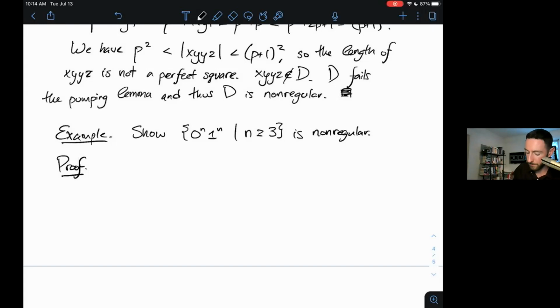In particular, we know, because we already proved it, that 0^n 1^n such that n is greater than or equal to 0 is non-regular.